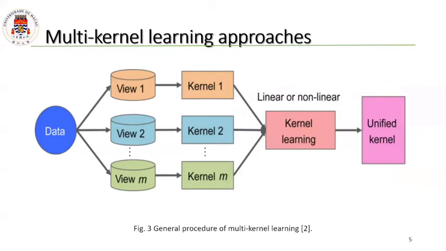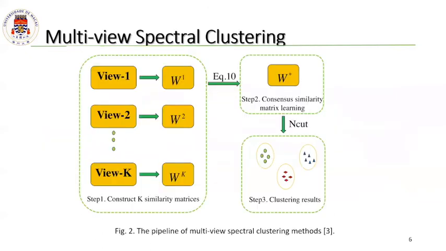Then these kernels are combined either linearly or non-linearly in order to arrive at a unified kernel. In this paper, we mainly focus on the multi-view spectral clustering method due to its dominant advantages in clustering precision.